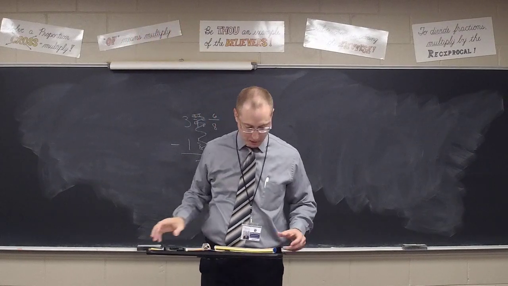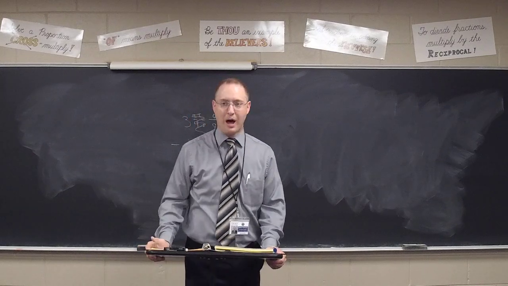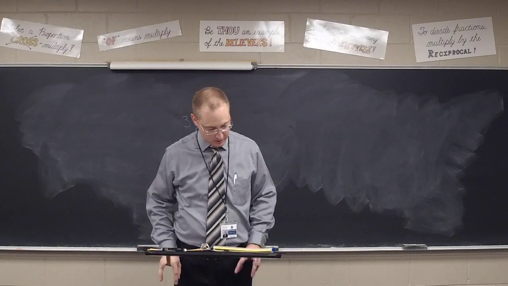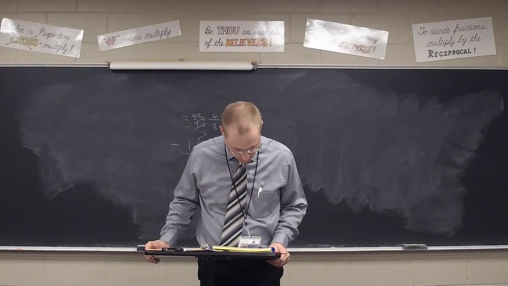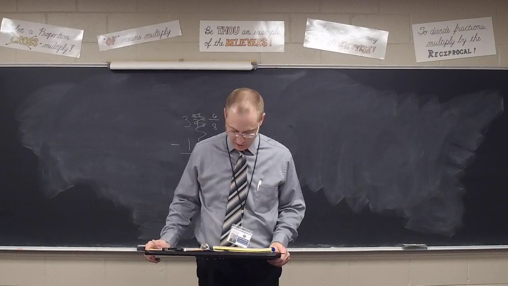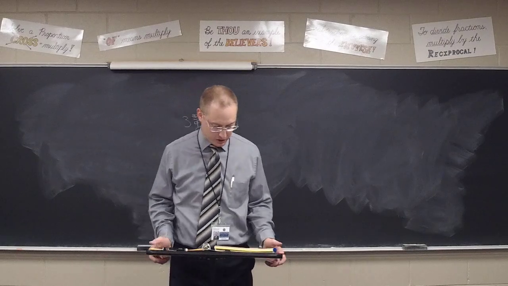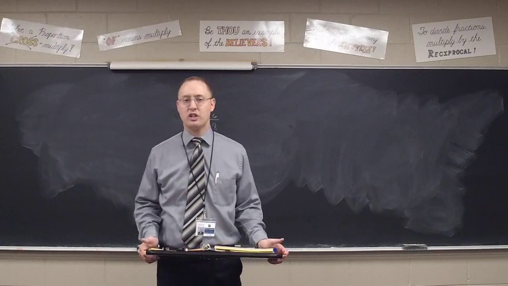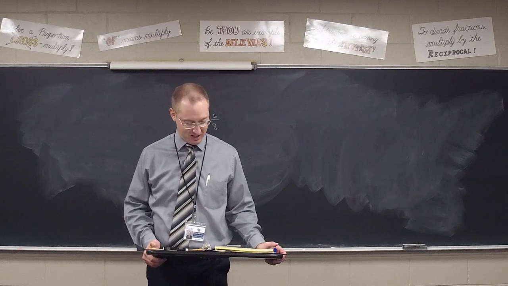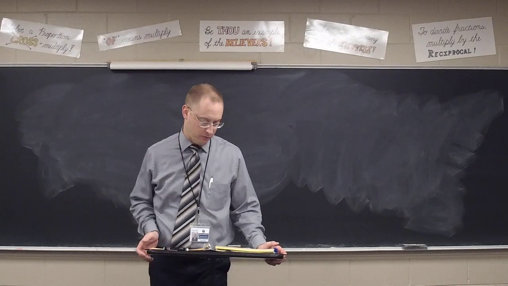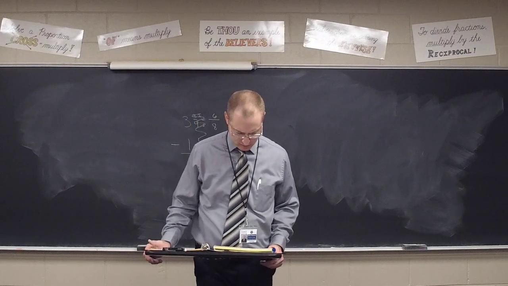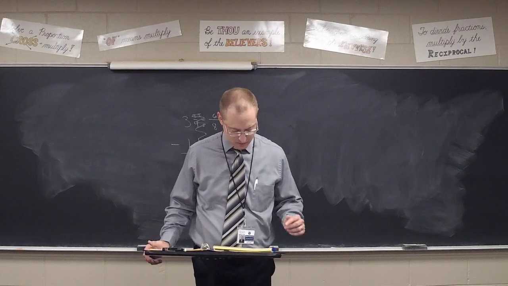Just some rounding problems. Number 15, when we round to the thousands place, what do we get, Bryson? 27,643,000. That is correct. Number 16, when we round to the hundreds place, what do we get? Jalen?